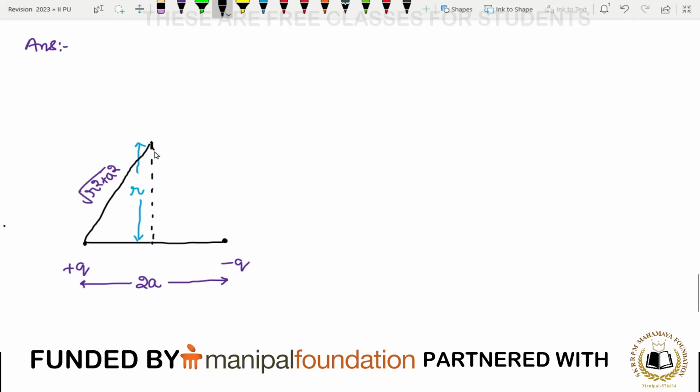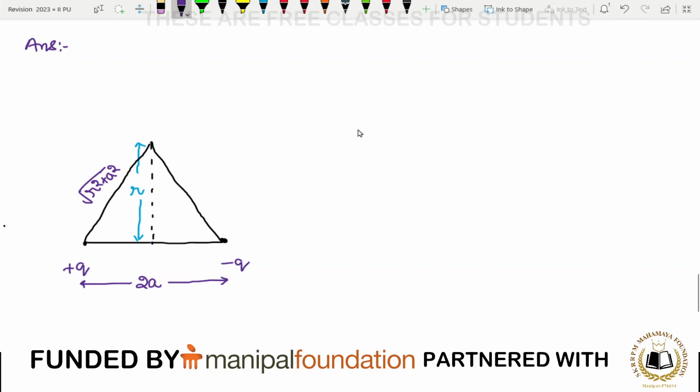Similarly, this distance also is the same value. Use a scale and draw this one. This also is the same thing, root of r square plus a square. Now I'll start the derivation.